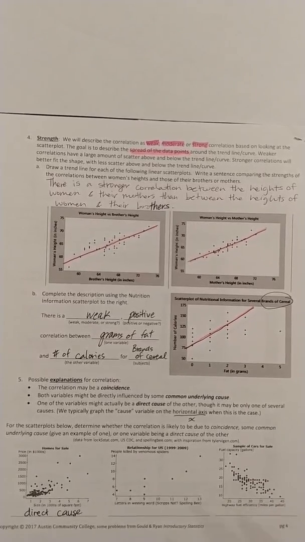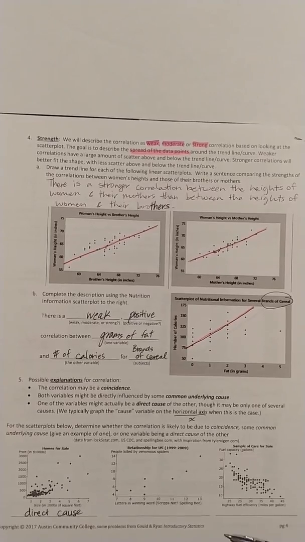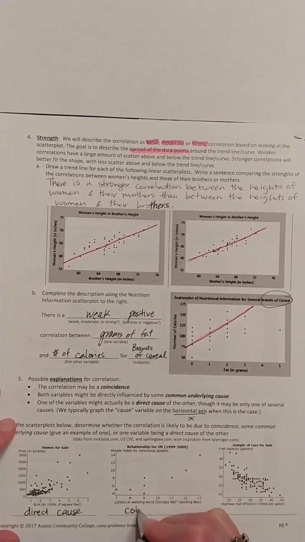No, right? But if you look at our graph, yeah, it does seem to have a weak positive correlation, but this is clearly a coincidence because there is no connection between people getting killed by spiders and the letters in spelling bees that have won. So this would be our coincidence.